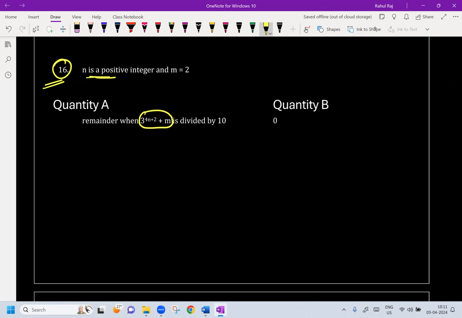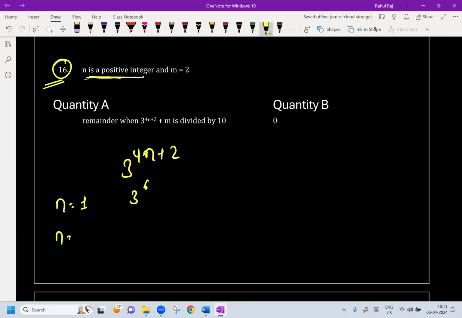I have no idea how to do this. So tell me first of all, what is 3 to the power 4n plus 2? Always just ensure that, because it's all about sequence and series, nothing else at all. Because it says n is a positive integer, imagine if I take n equal to 1, what is 4n plus 2? 6.